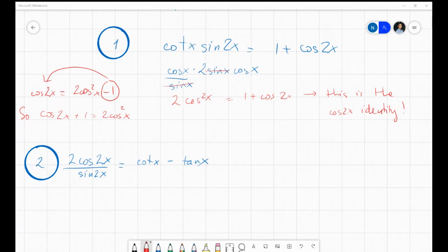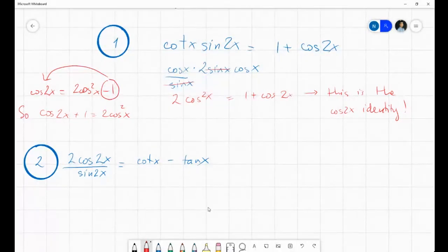Oh, I'm sorry, I had my microphone off. On the second verification, I know that cosine 2x can also be written as 2 cosine squared x minus 1. Do I have to distribute that 2 to that rewritten formula so it's 4 cosine squared x minus 2? Yes. Okay, thank you.